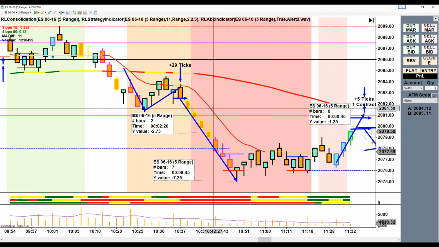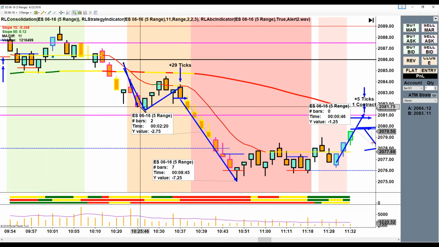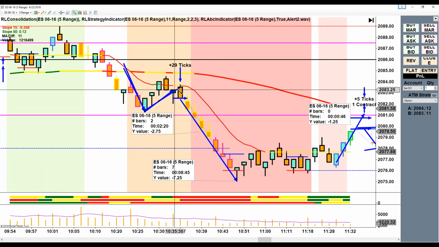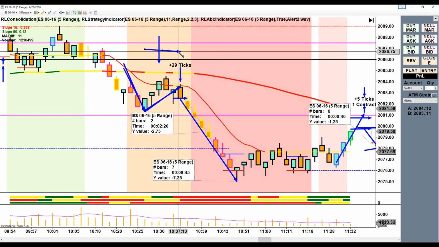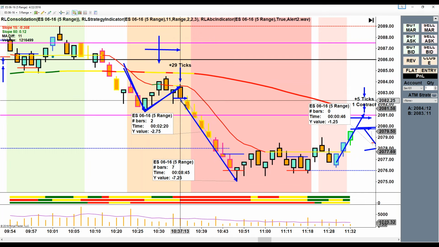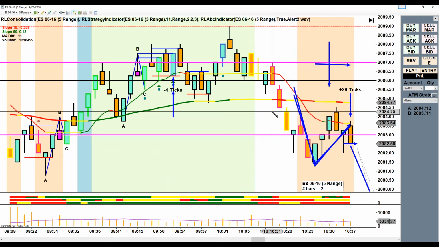Then we had this enormous trade. And we got it on dual quants. Here's the move down. Here's the move up. This color of background bias is very powerful. Not quite as powerful as the pink, but extremely powerful. Pretty much we had everything we wanted here on this trade.